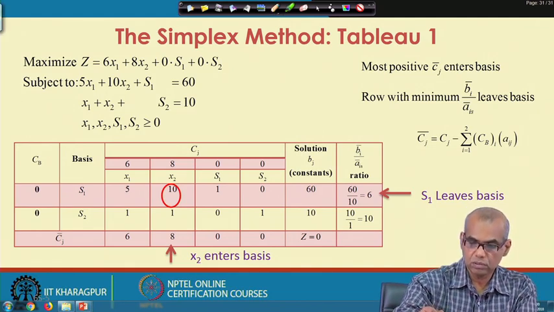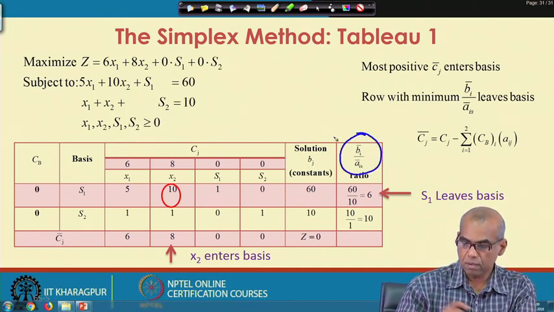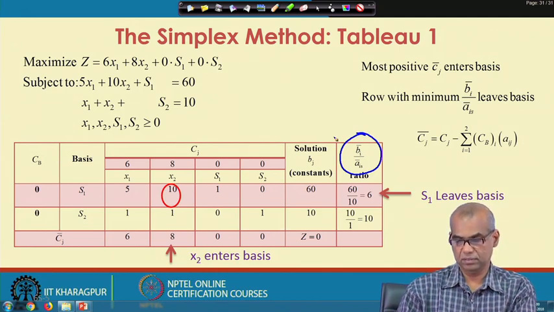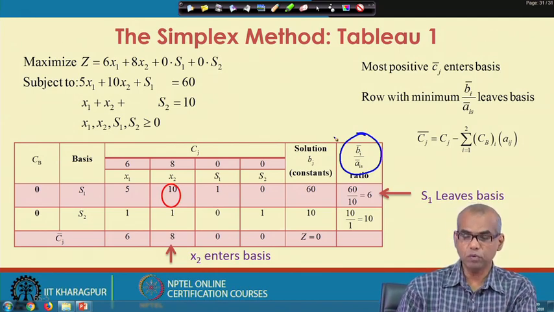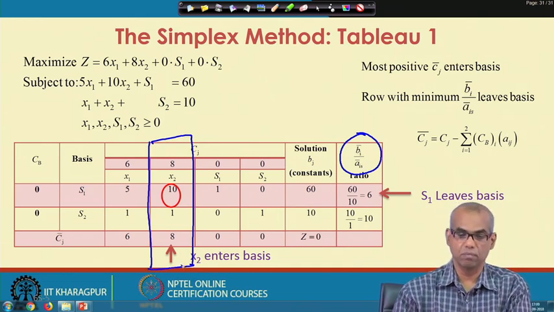So, this Bi bar by Ais bar have to be found out corresponding to this column.